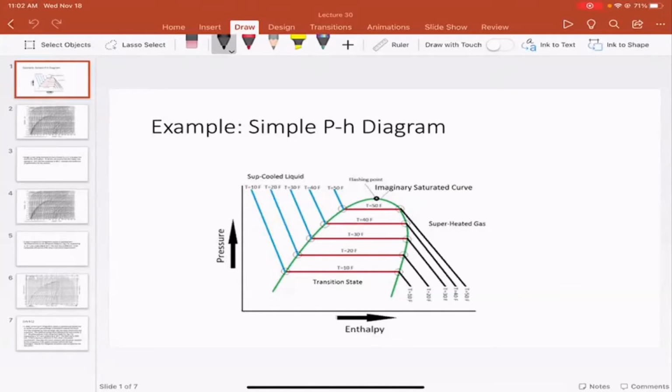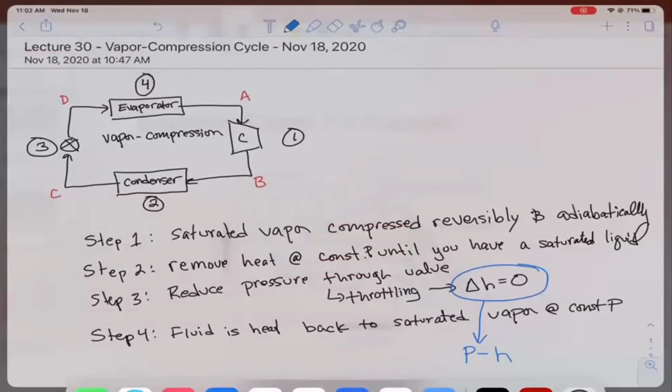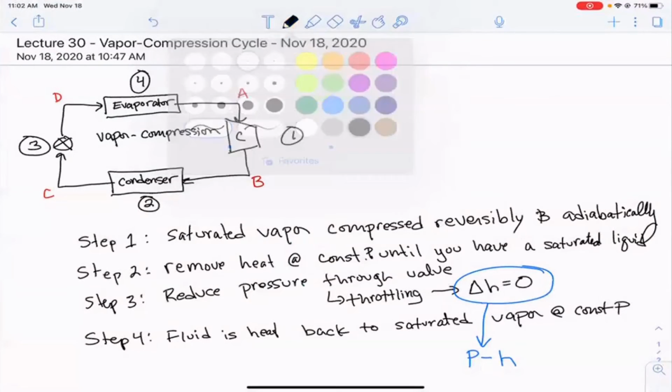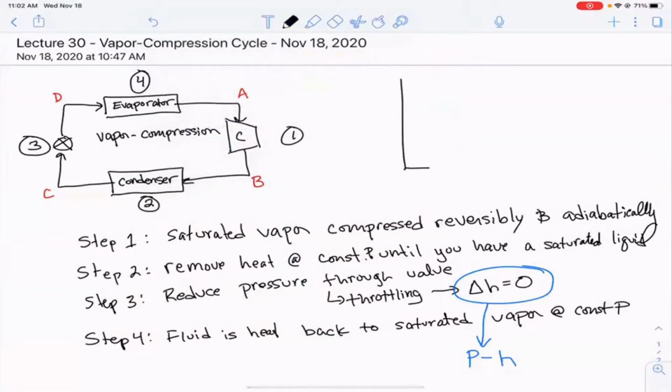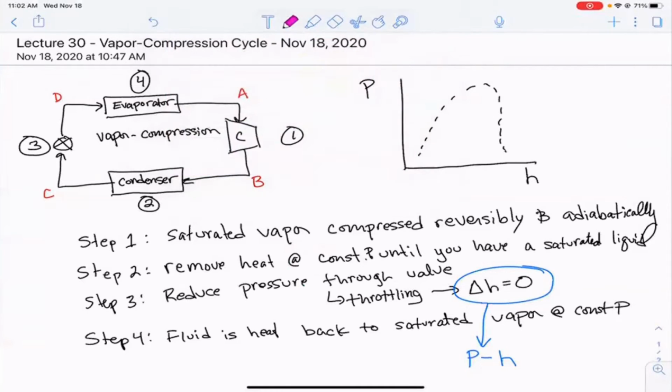If we think about where we might be in a diagram like this, let's draw one. Let's draw a pressure enthalpy diagram with the same phase change region that we had in the TS diagram you just saw. Let's think about where we are.